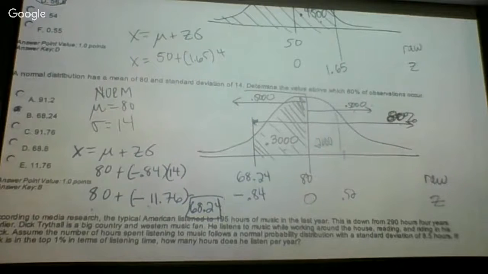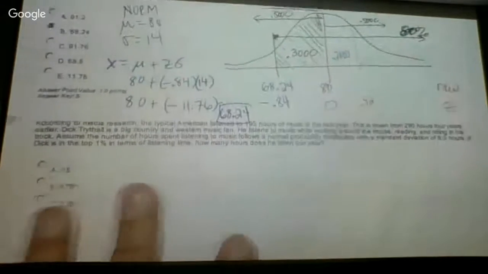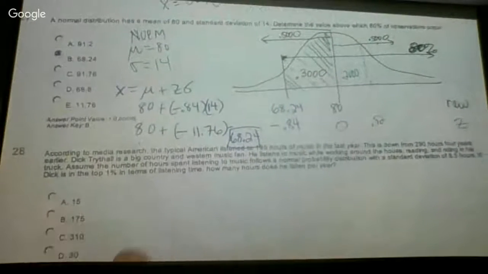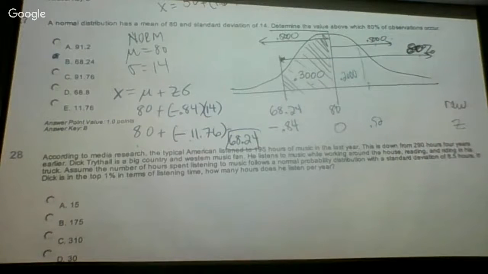Okay. Question number 28. According to media research, the typical American listened to 195 hours of music in the last year. This is down from 290 hours 4 years earlier. Dick Trithall is a big country and Western music fan. He listens to music while working around the house, reading, writing, in his truck. Assume the number of hours spent listening to music follows a normal probability distribution with a standard deviation of 8.5 hours.